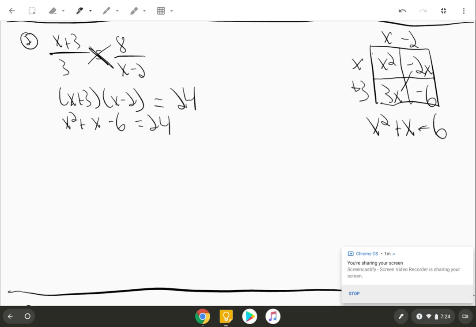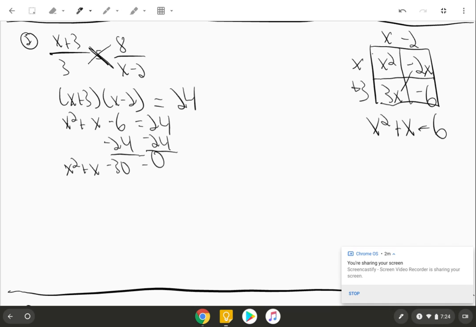So we have to go through the steps of solving a quadratic, which means I need to make it so that it is set equal to 0. So to do that, I'm going to subtract 24 from both sides. So this will become 0. Negative 6 minus 24, that's going to be negative 30, and then everything else is going to drop down. So this will become x squared plus 1x minus 30 equals 0.